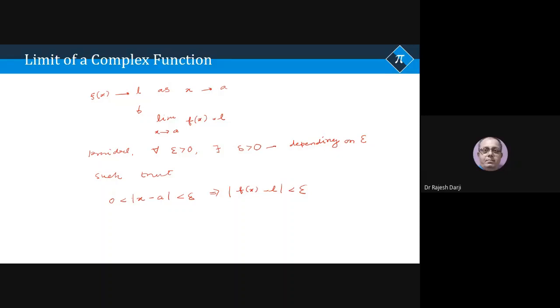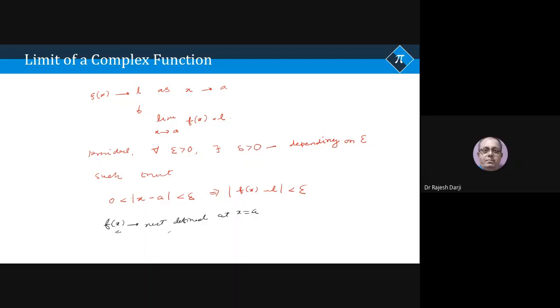Limiting process means that when your function f x is not defined at a point, say x equal to a, and at exactly that point the value does not exist, in this case you have to take its limiting value.